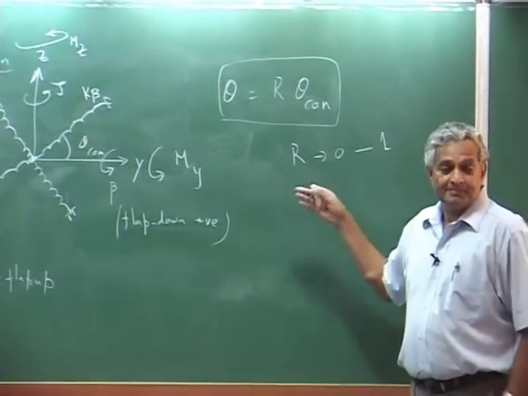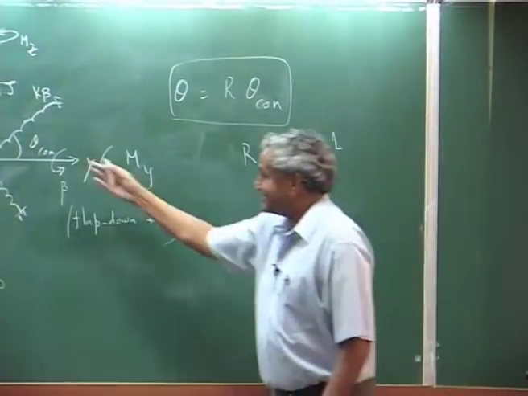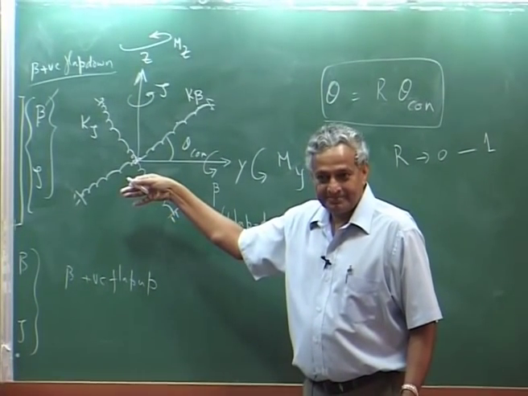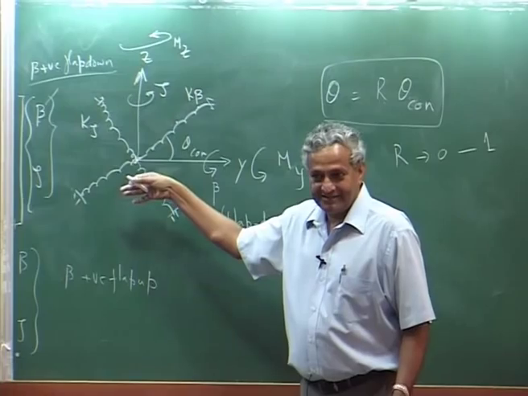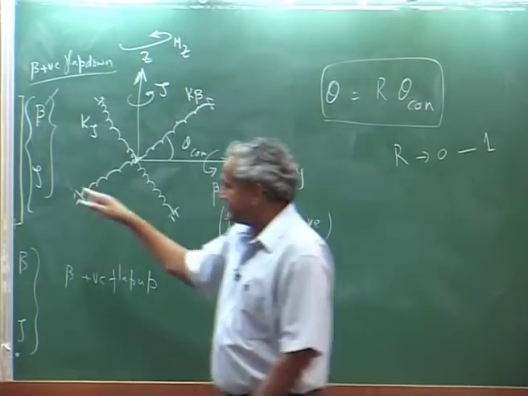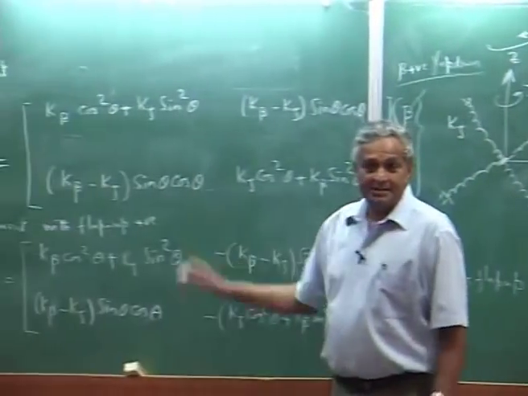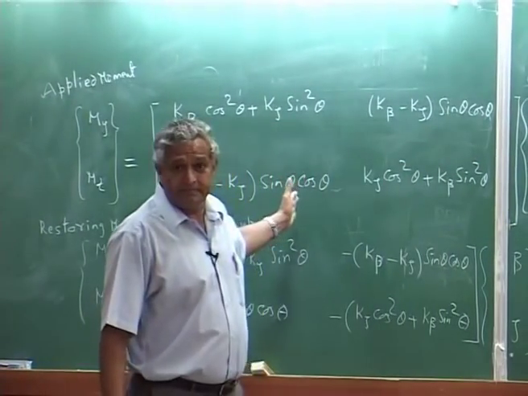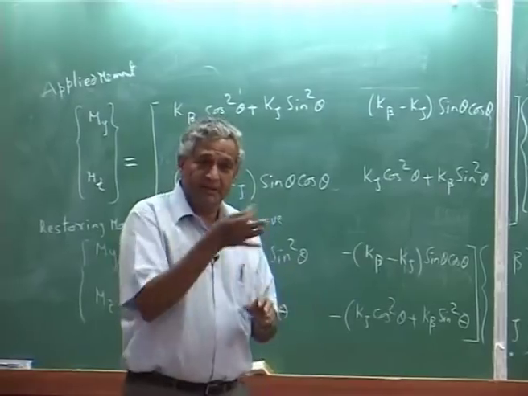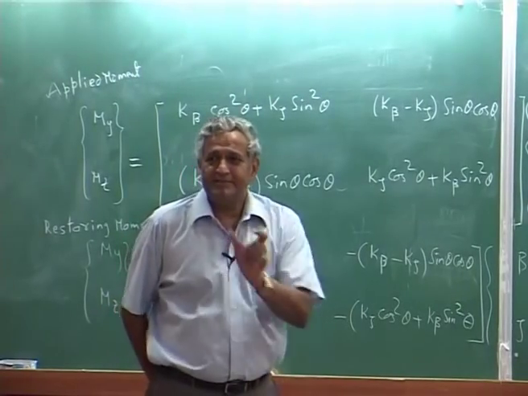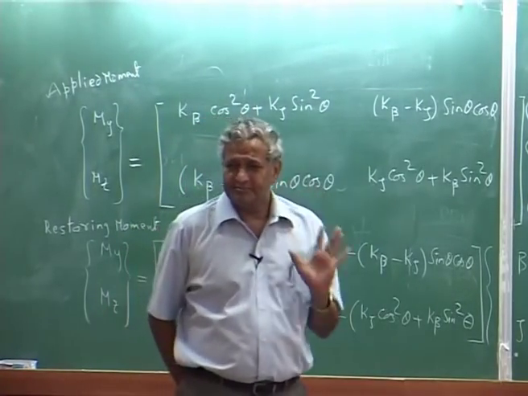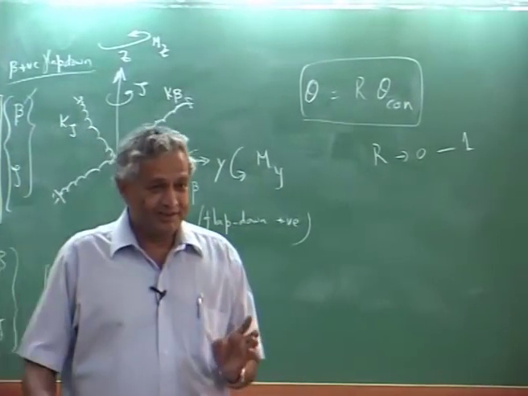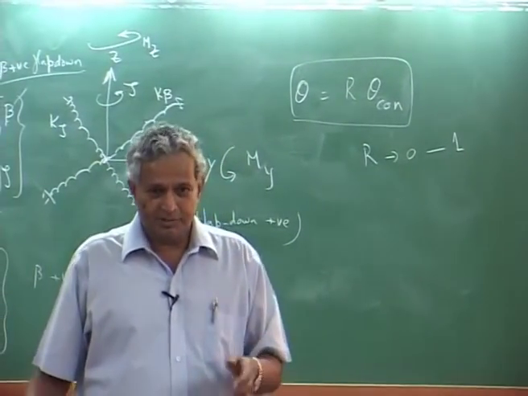0 means pitch bearing is outboard. So wherever theta is there you put theta. If r is 1, this is directly theta control, pitch bearing is inboard, but if it is in between some value, there could be a slight deformation, because it is a structure.